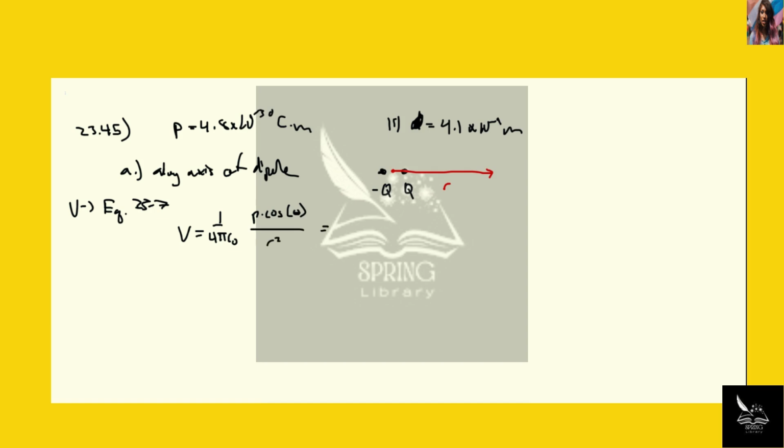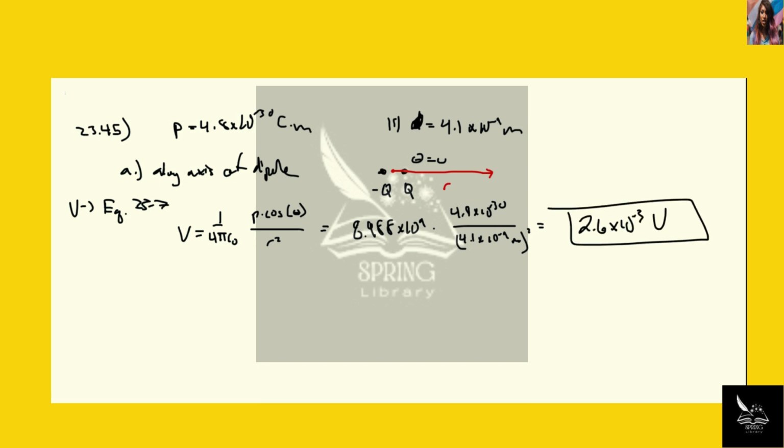So let's solve this. 1 over 4 pi epsilon naught is 8.988 times 10 to the 9. Dipole moment is 4.8 times 10 to the negative 30. In this case, our theta is 0, so cosine of theta is 1. And r was 4.1 nanometers. Square that. And out of our calculator comes 2.6 times 10 to the negative 3 volts.